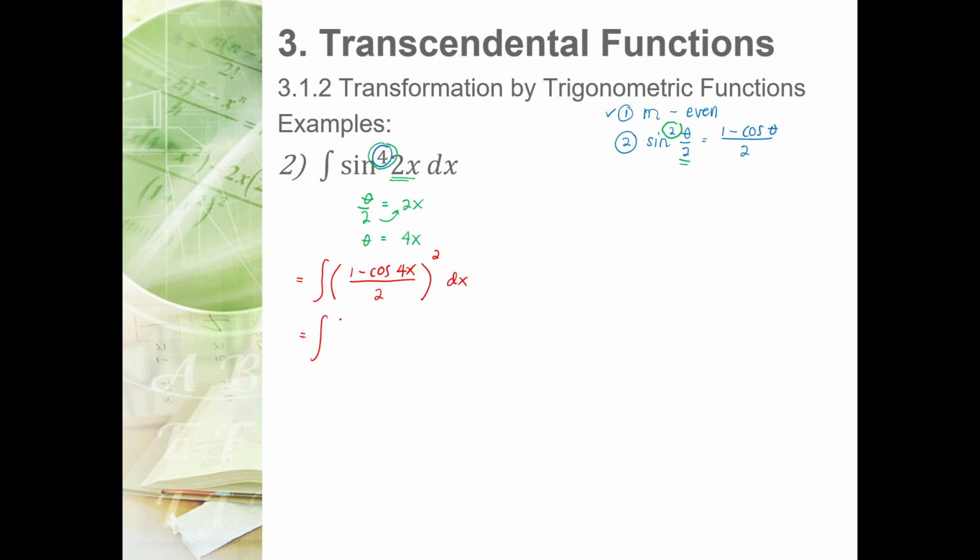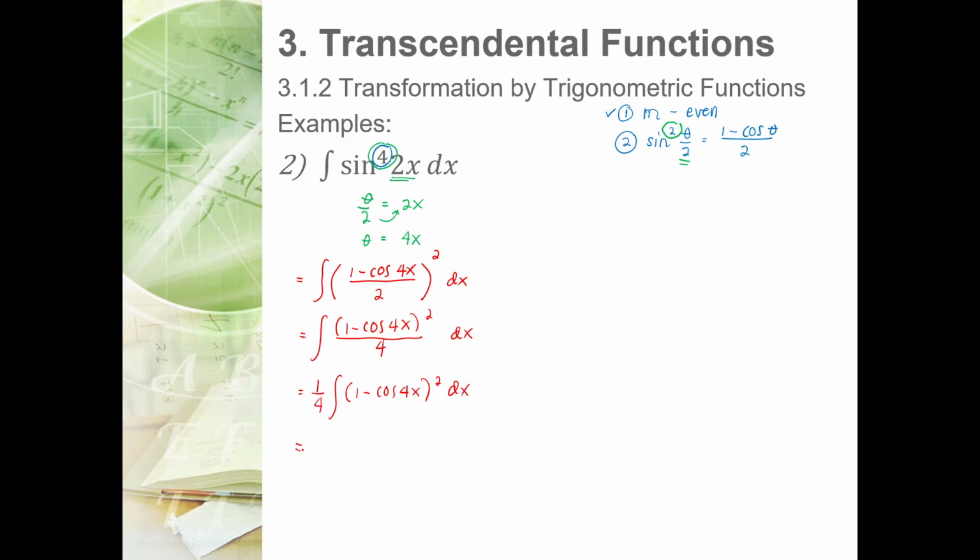Okay, so we now have 1 minus cosine 4x squared all over 4 dx. So getting the constant outside, you have 1/4 times the integral of 1 minus cosine 4x squared dx.